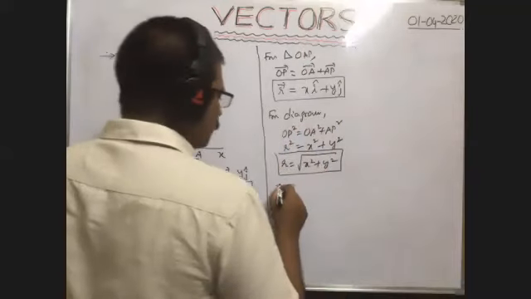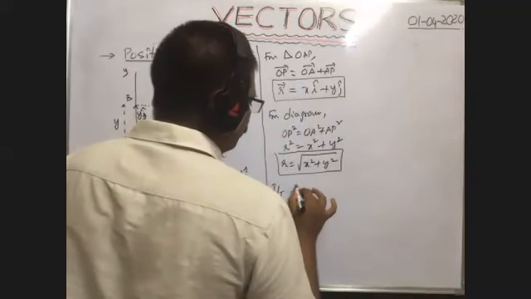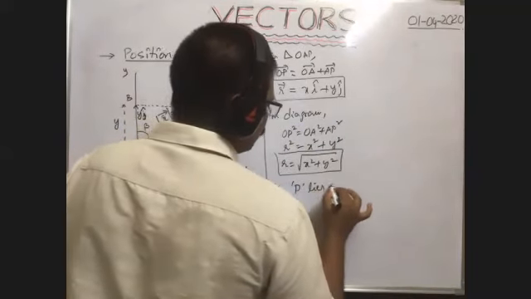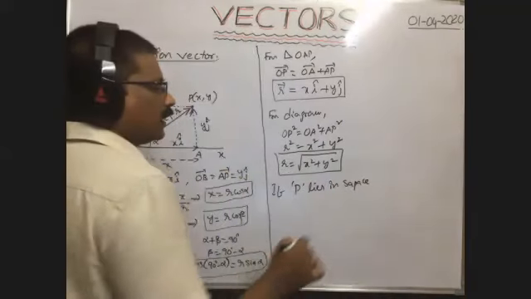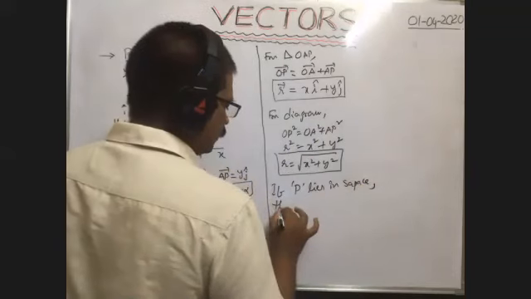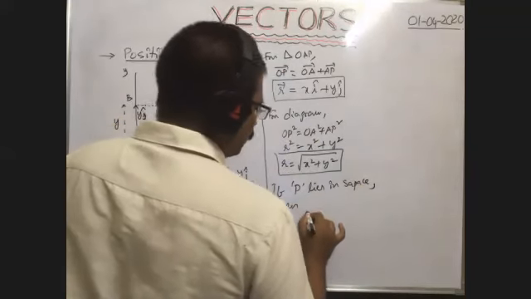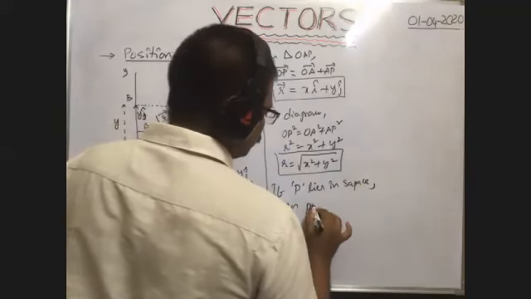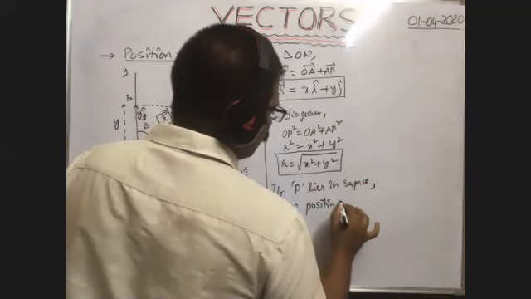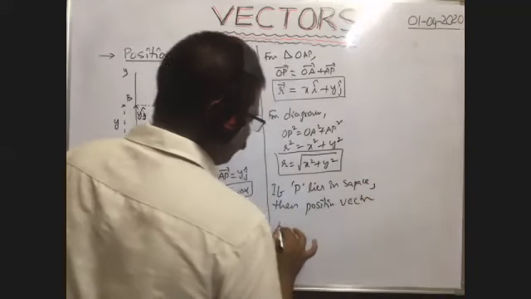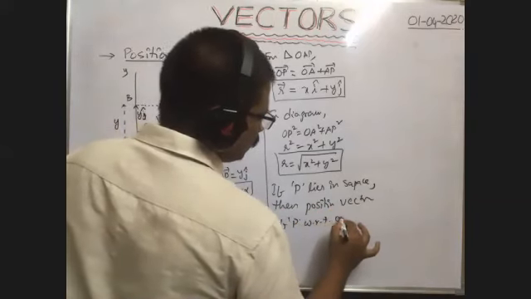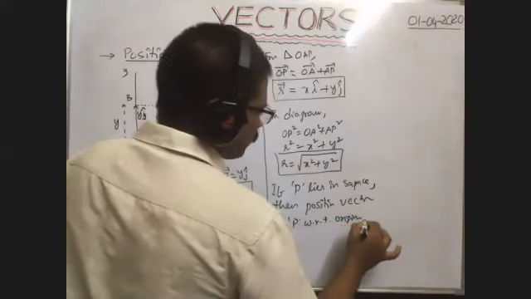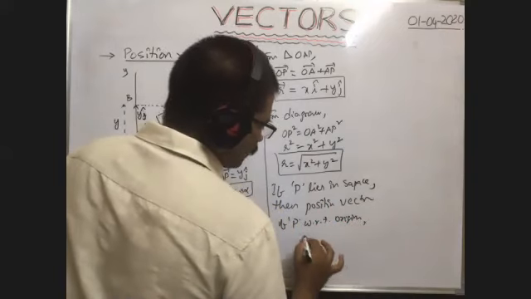Okay. So if point P lies in space, then the position vector of P with respect to the origin, r bar, how can we write it?